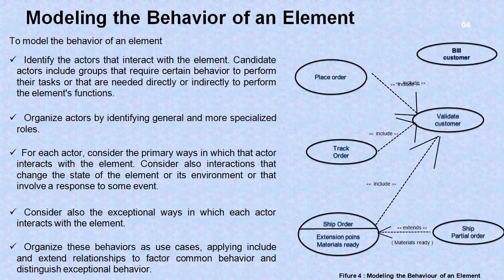Here in this figure, we can model the behavior of such a system by declaring the behavior as use cases: place order, track order, ship order and bill customer. And common behaviors can be factored out, like validate customer, and variants like ship partial order can be distinguished as well.